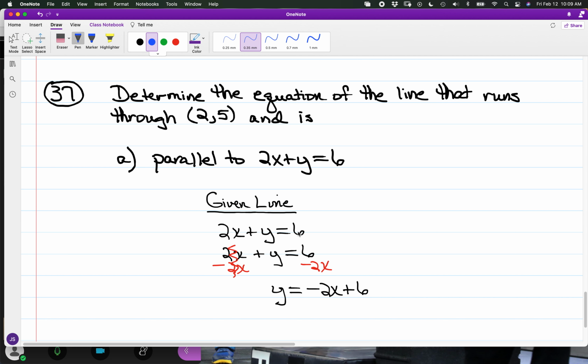And so for what we have here, the slope m is equal to negative 2. And we're looking for the parallel line that runs through (2, 5).